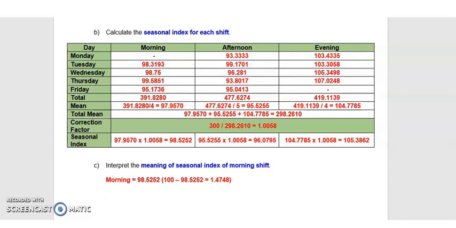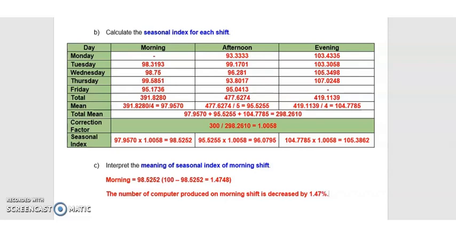So now our actual data is about the number of computers produced on the morning shift, which is decreased by 1.47%.